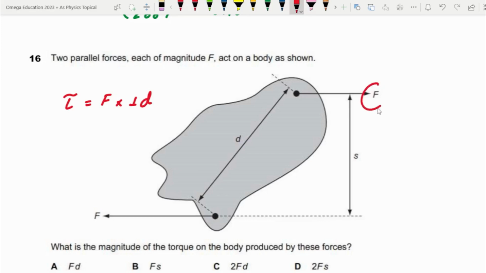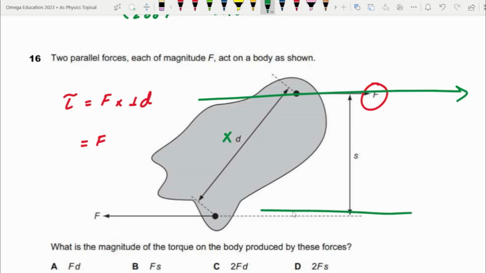So you take one of the values of force, because both of them would be the same. And what is the perpendicular distance between these two forces? Not D. D is not the perpendicular distance. One force is on this side, the other force on this side. The perpendicular distance would be S. So F into S would be the right answer for this one. So B is the right answer for this one.